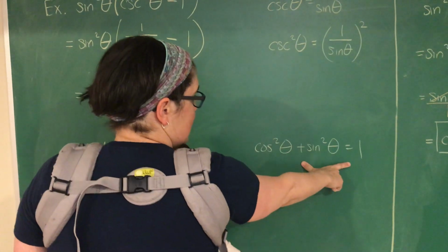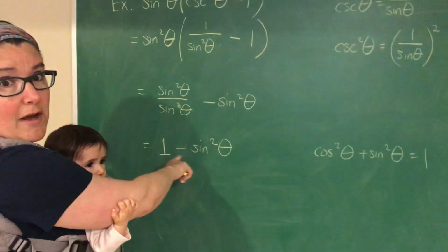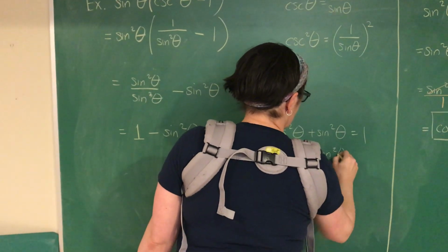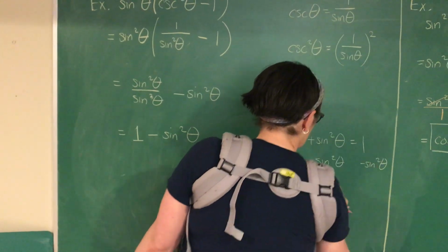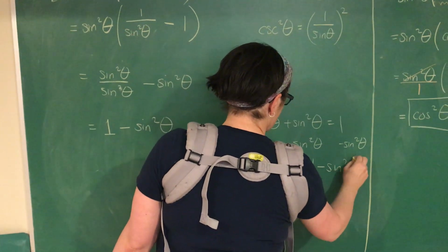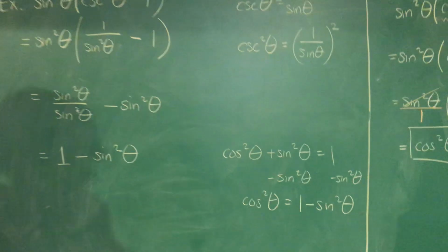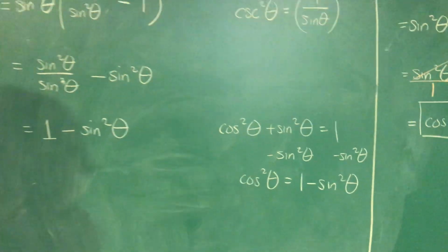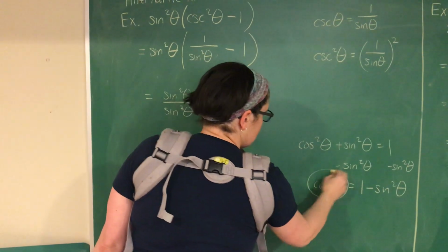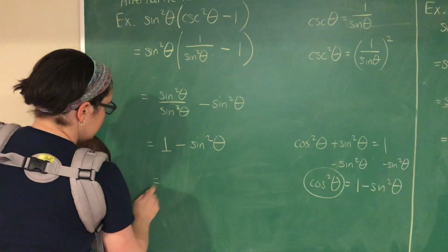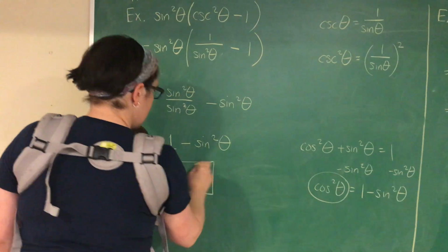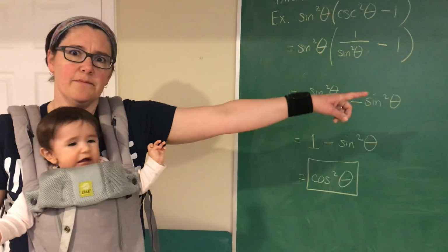I want to manipulate this identity so part of it looks like 1 minus sine squared. So how can I do that? Well, I can subtract sine squared from both sides, so I end up with cosine squared theta is the same as 1 minus sine squared theta. This is cool. I've got a 1 minus sine squared theta, and that's the same as cosine squared theta, so I can replace 1 minus sine squared theta with cosine squared theta. Same final answer, two different ways.